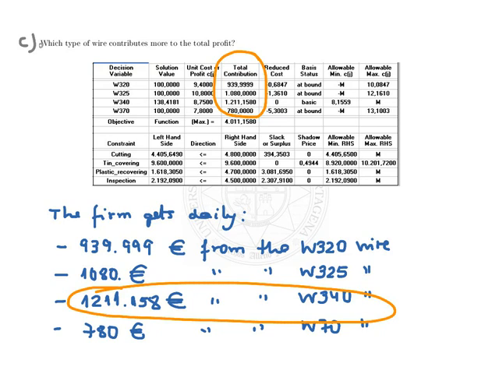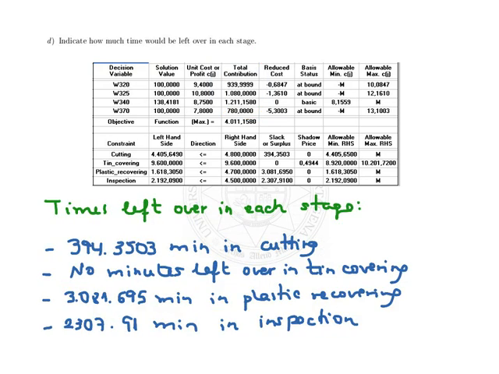Question D: indicate how much time would be left over in each stage. We have to look at the slack variables, which are here, and we find that we have 394.3503 minutes in cutting, no minutes left over in tin covering, and so on.